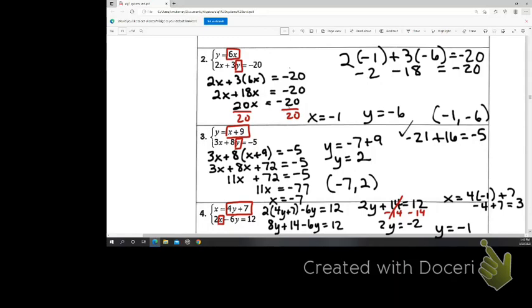When you write your ordered pair, it is always x first. So even though, in this case, we found the y first, the ordered pair is always xy. So we still list the x first.